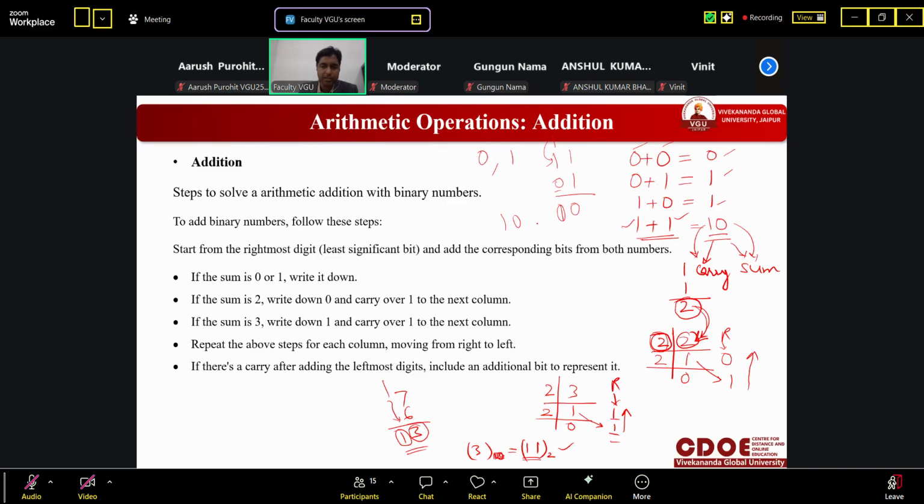So this 0 will be written here, and 1 will again be carry. So it will be written here. So this carry will be carried forward to the next step. Okay, it will be added with the next number at the left side, like that. Okay, so this is the addition process, how we can add two numbers.